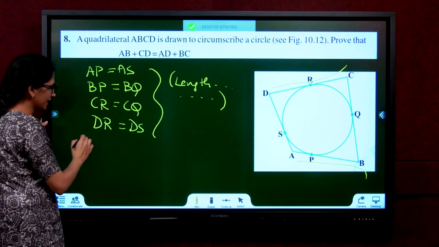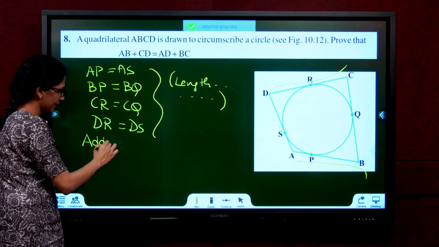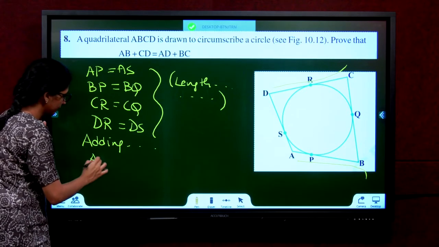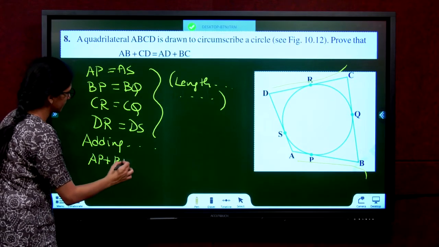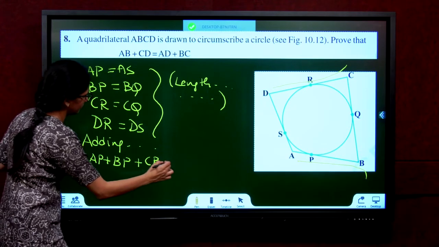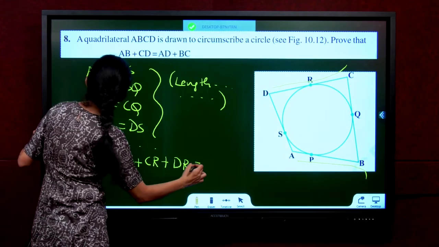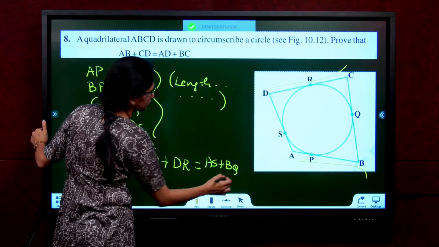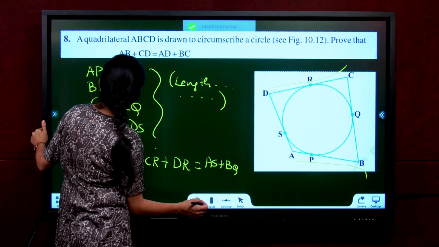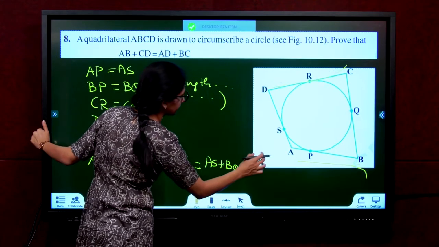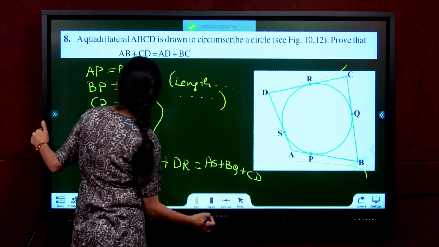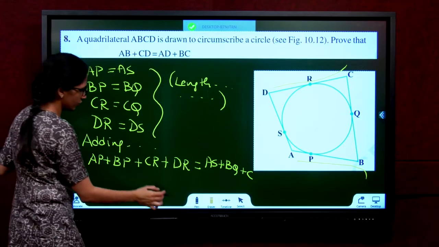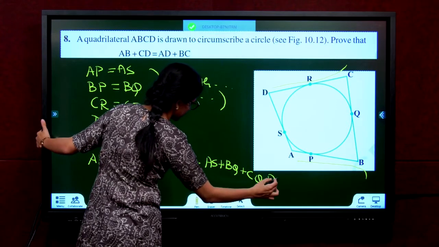Now just add everything. Adding the above equations: AP plus BP plus CR plus DR is equal to AS plus BQ plus CQ plus DS.